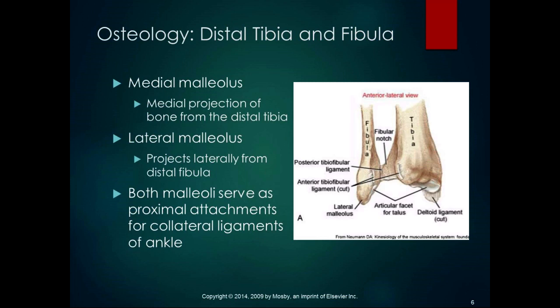If it runs anterior to the medial lateral axis, it's going to have a line of pull for dorsiflexion. So posterior to the malleoli, plantar flexion. Anterior to the malleoli, dorsiflexion. So it's a line of pull. It's what can you do with that line of pull? Those malleoli also serve as proximal attachments for collateral ligaments of the ankle.